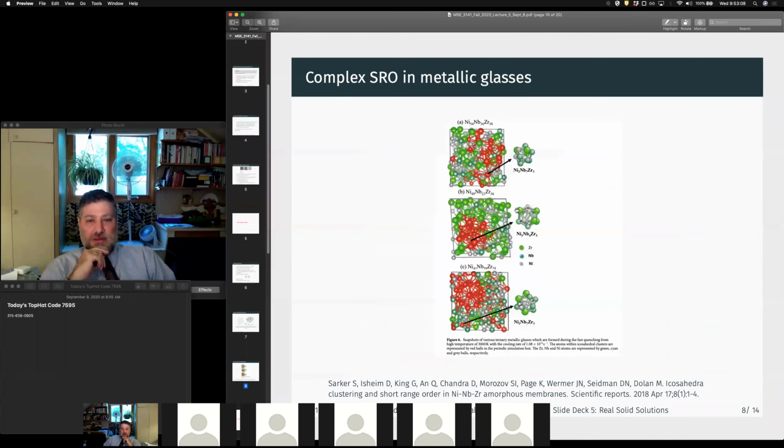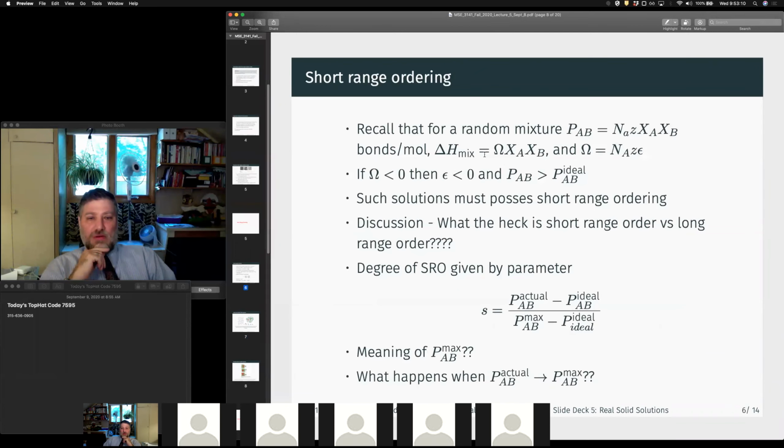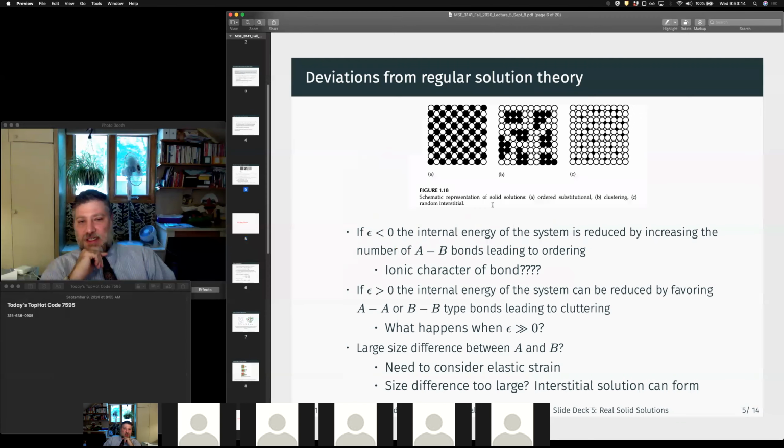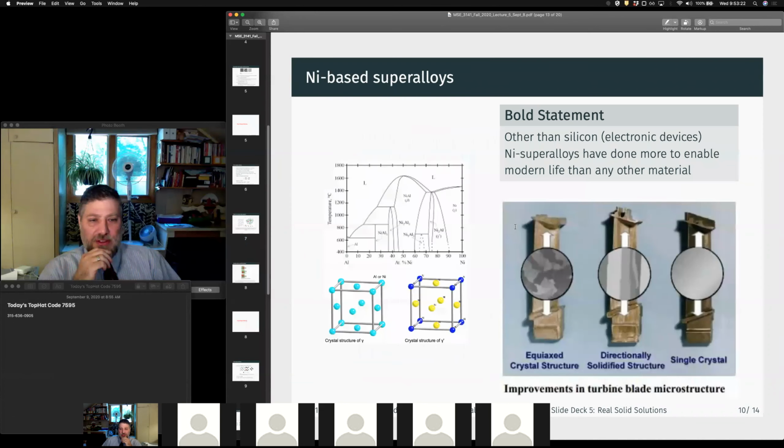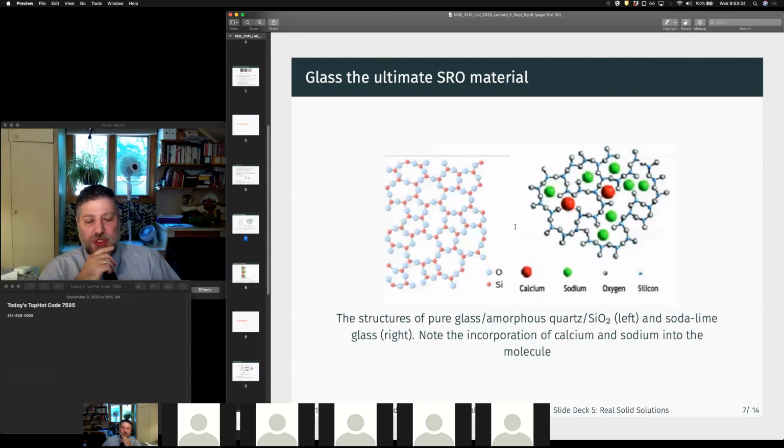Oops. Yeah. I thought I had a figure in there. I guess I took it out. Put a figure in. There's a figure in the reading that shows two systems with short range ordering. And by eye, they look pretty similar.